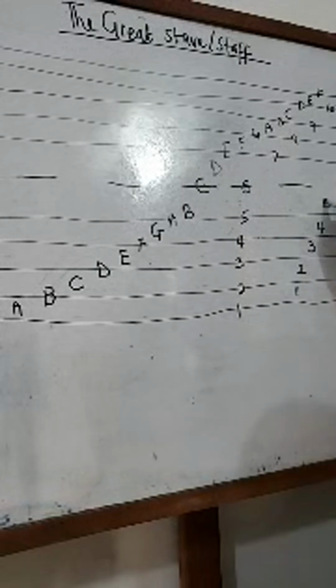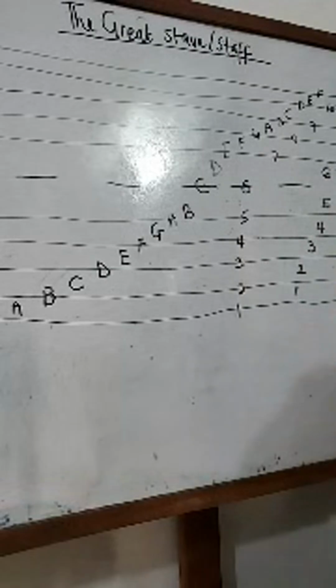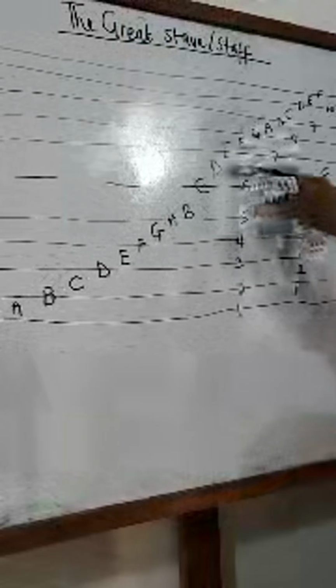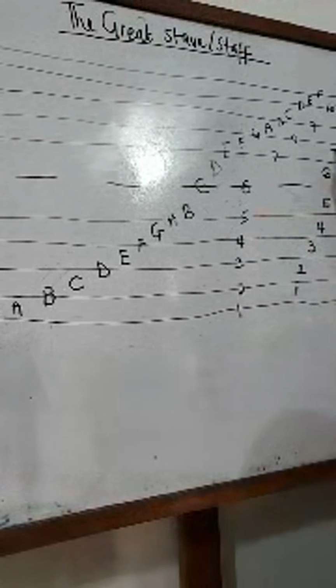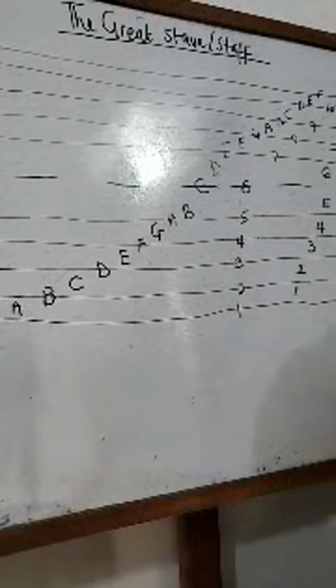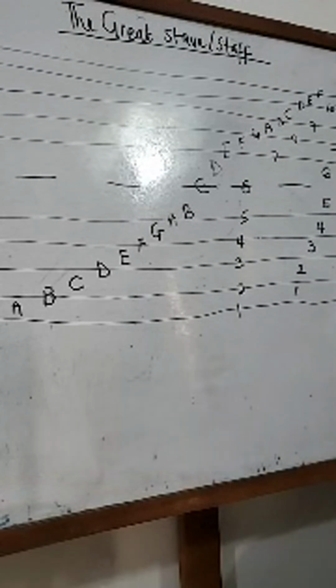B is space 5. D is space 6. Do you understand? 7, 8, 9, and 10. Is it difficult to understand?